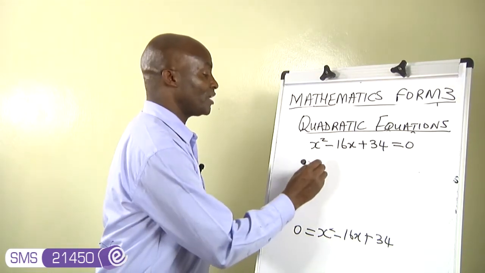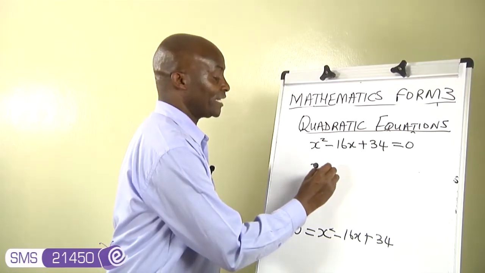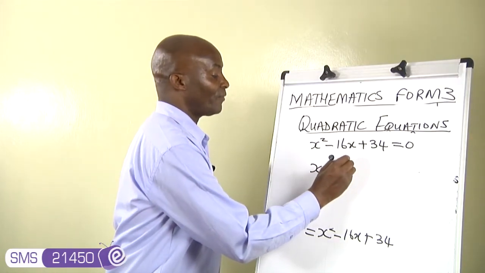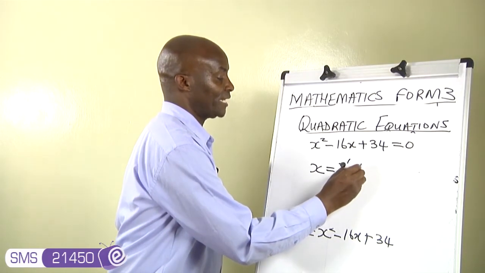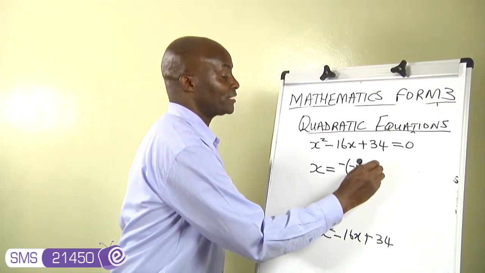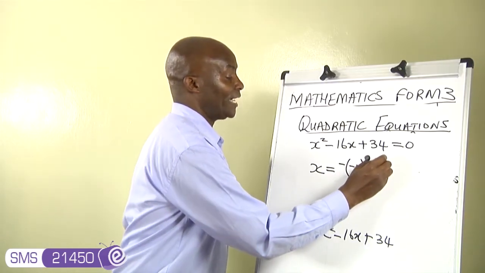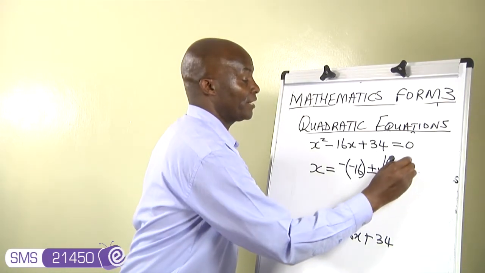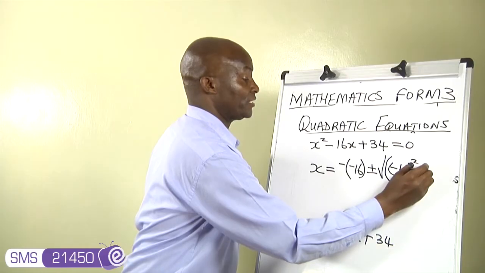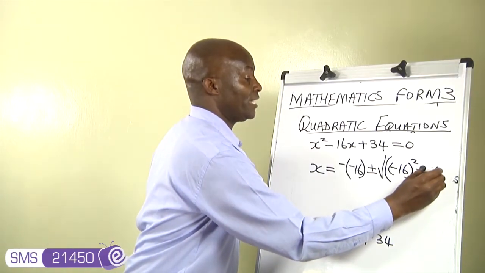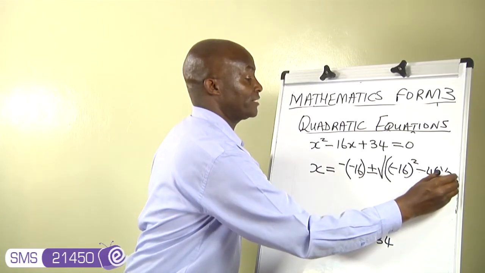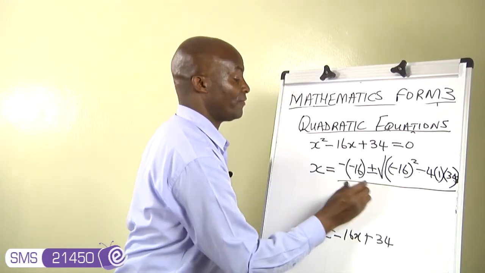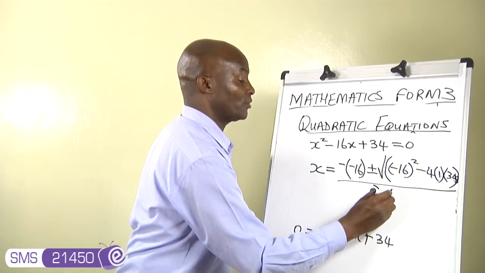So using the quadratic formula, we say x is equal to negative b, this is negative 16, plus or minus the square root of negative 16 squared minus 4 times a, which is 1, times c, which is 34, divided by 2 times 1.